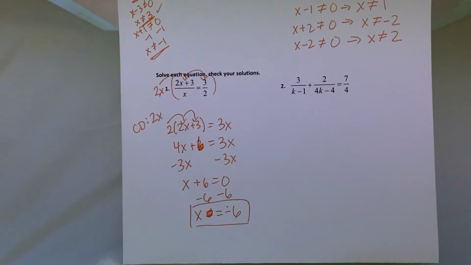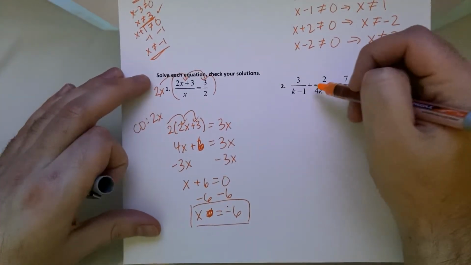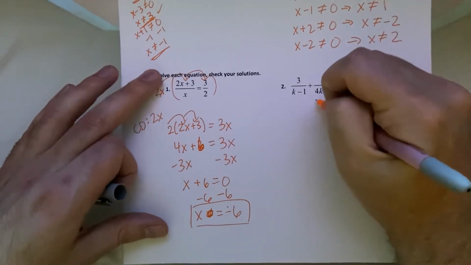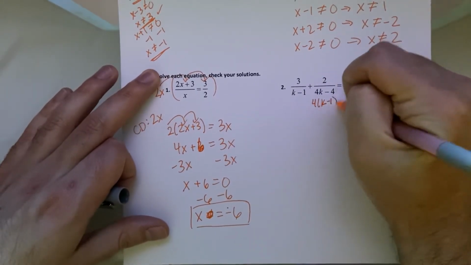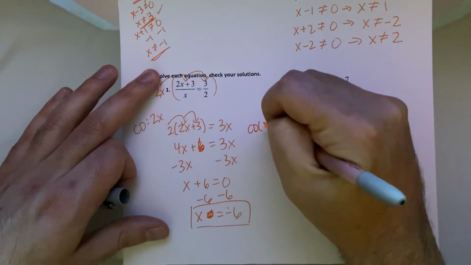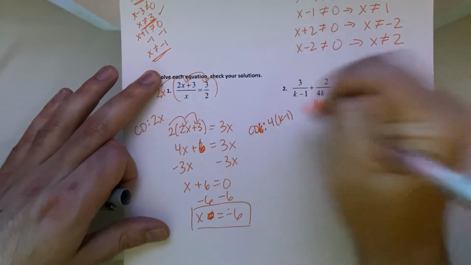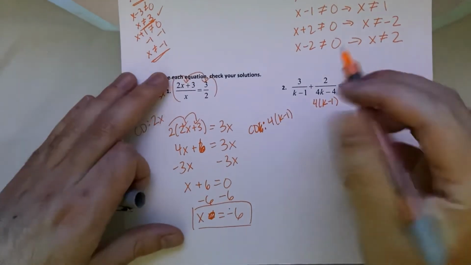Let's try this again. 3 over k minus 1 plus 2 over 4k minus 4 equals 7 fourths. So this factors into 4 times k minus 1. So my common denominator needs to be a 4 and a k minus 1 to get rid of all of the denominators here.